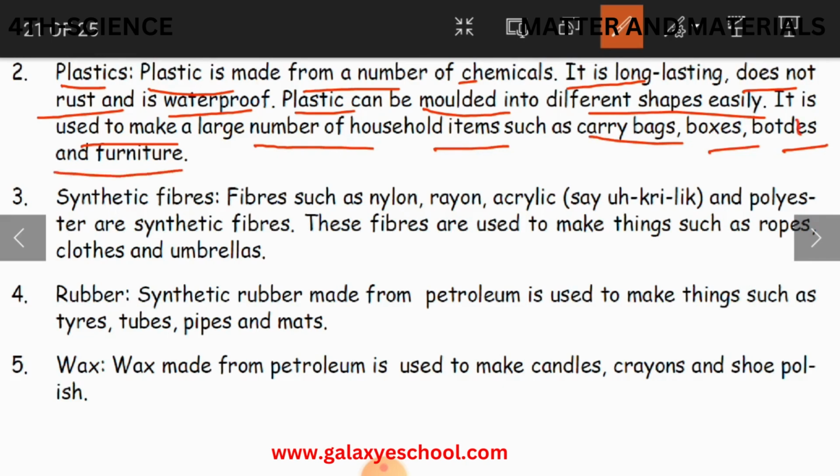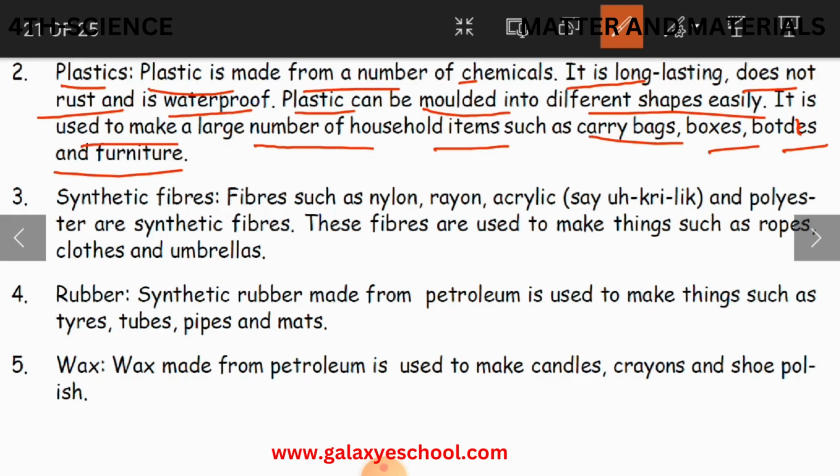Why? Because it is cheaply available, it costs us less, it is not going to rust, it is waterproof, and it is not going to break either. That is why we prefer to have this material in our houses.